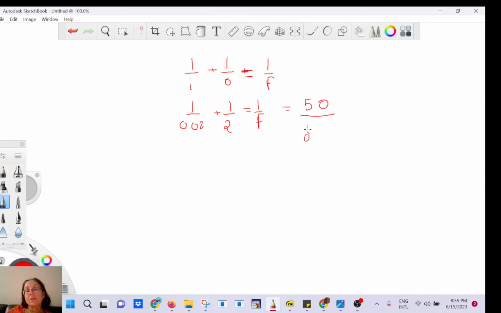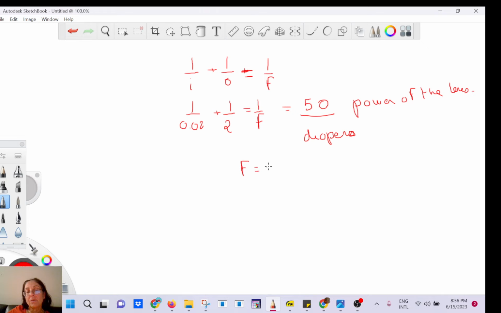Okay, so that is called, how do we call that? The power of the lens. But we want to find the inverse of that, right?